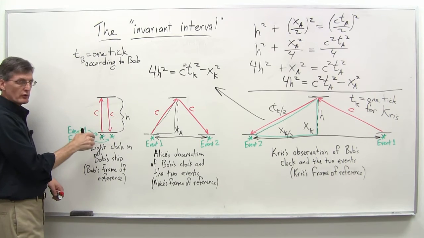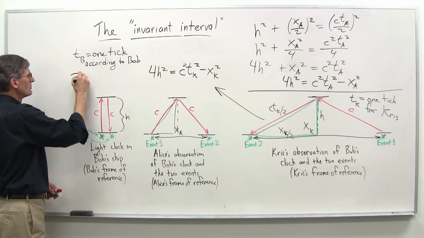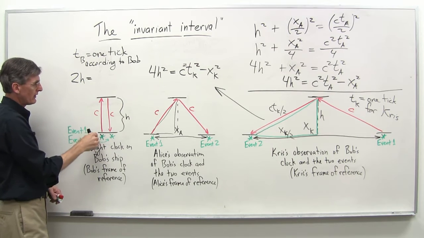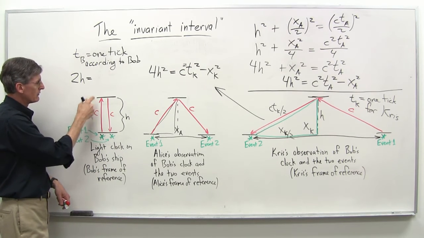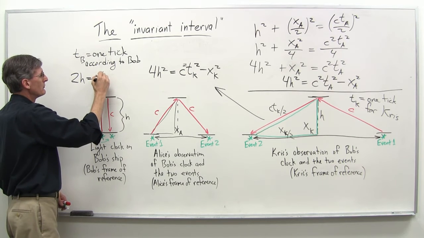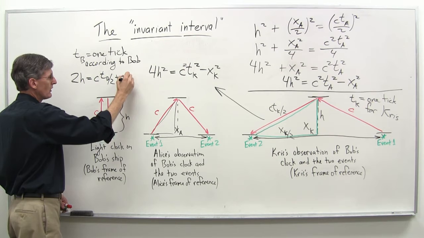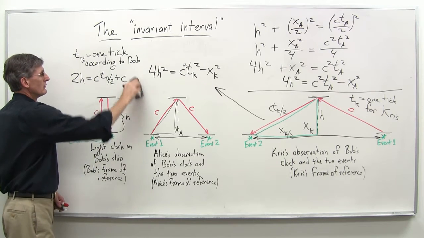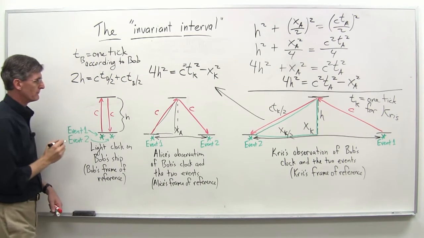So the total distance for Bob is 2h, h up and h down, or we could also say it is c t_b over 2, half a tick, plus another c t_b over 2.